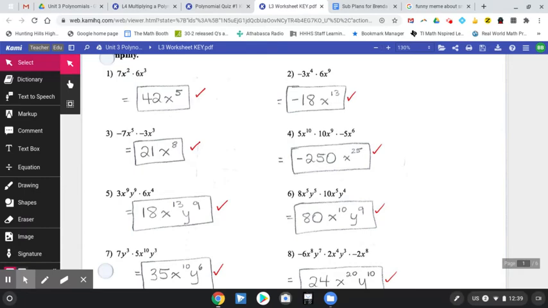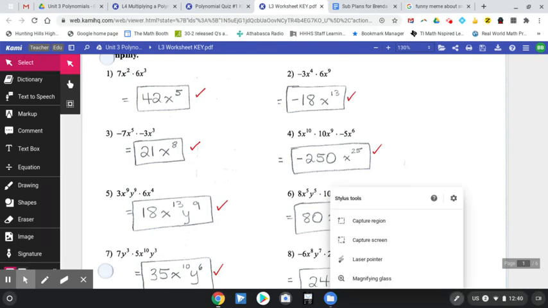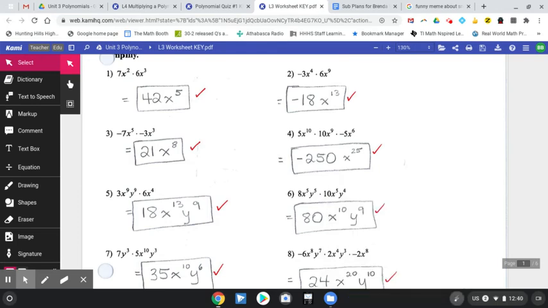And just a quick review here for multiplying monomials. Remember that what you do is you take the coefficients. So in number 6, I would take the coefficients 8 times 10 to get 80.